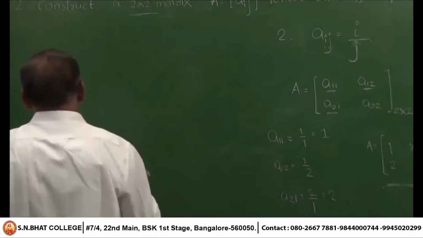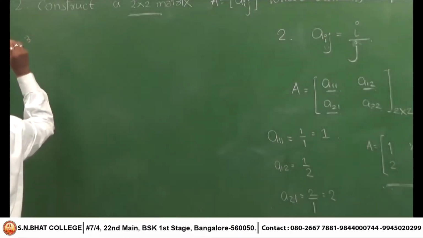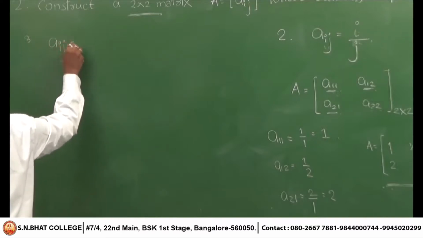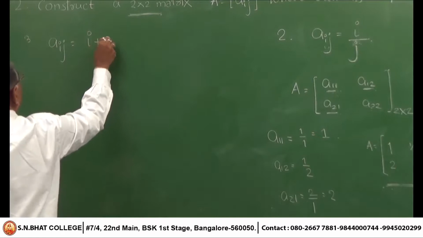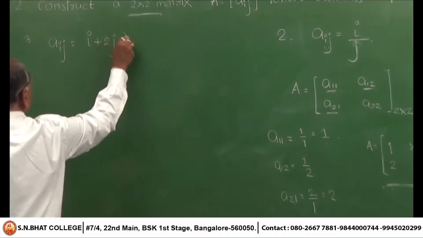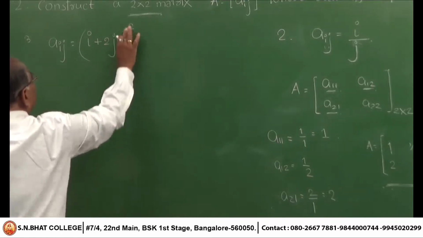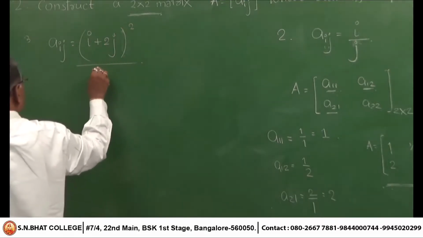Third question, same 2 cross 2 matrix. Third question is Aij is equal to (i plus 2j) whole square, whole divided by 2.